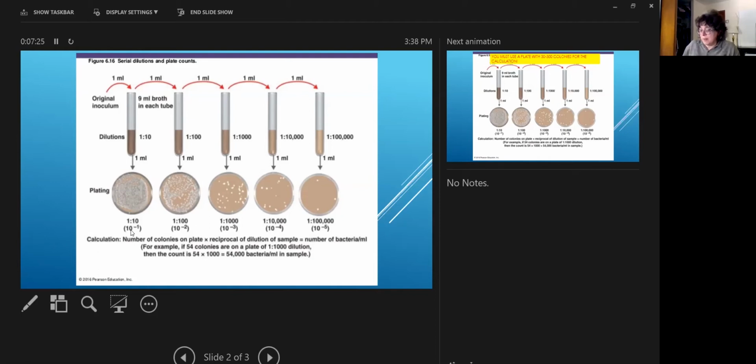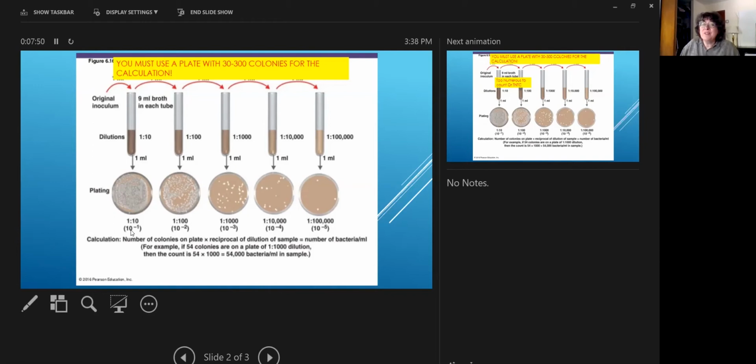Okay, so the first step with a plate count after you have the plates as your result is to figure out which plate to use for the calculation. So remember what it said on page 54, we need plates between 30 and 300 colonies. If it's fewer than 30, it's not an accurate snapshot of what was in the original. It's just too diluted.